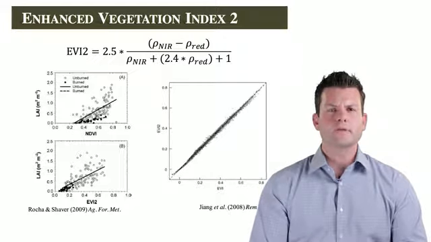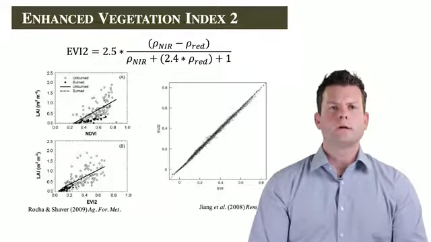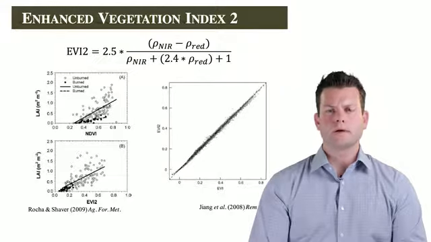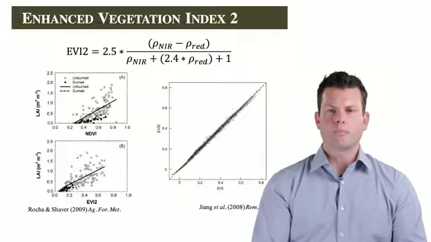On the left-hand side was another study that followed up just to see if EVI2 would perform as advertised. And so the study was looking at several different areas where there was a range of LAIs in both a burned area or a recently burned area and an area that had not burned.